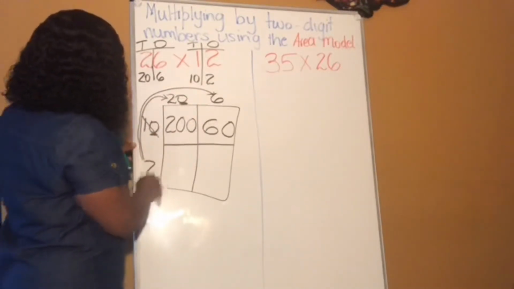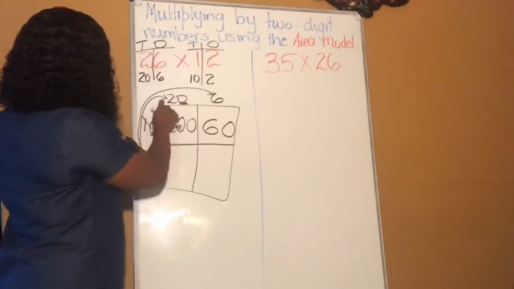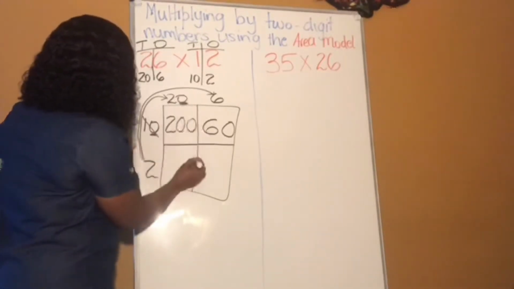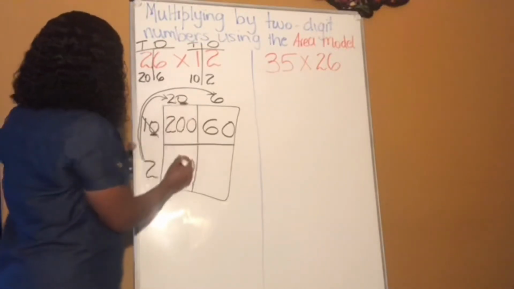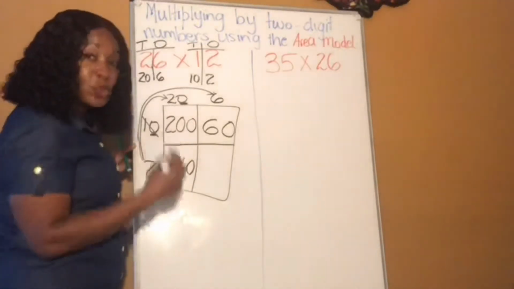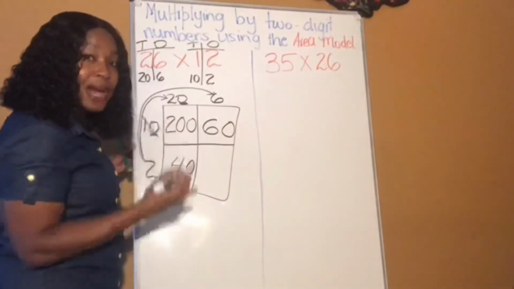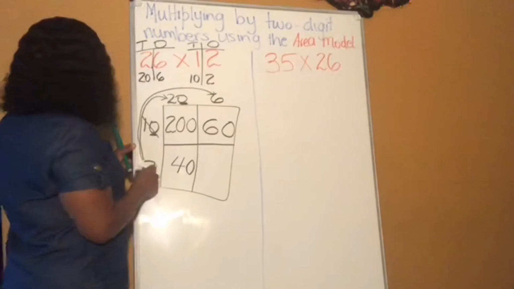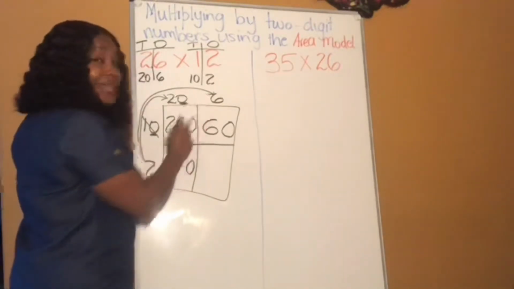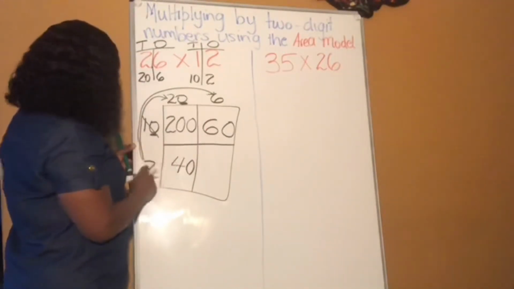So how many zeros do you see? 2 times 20, only one zero. So we write it down. And then 2 times 2, that's 4. Remember, if you don't know, you are skip counting. Write it out and skip count. Then it's time to do 2 times 6.